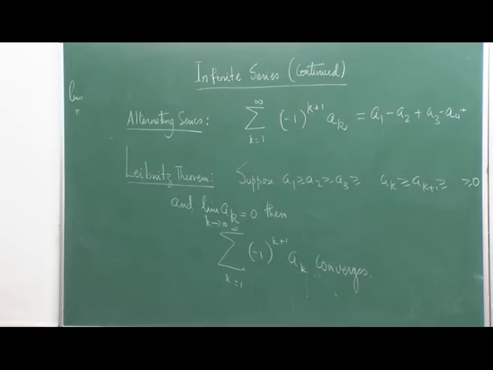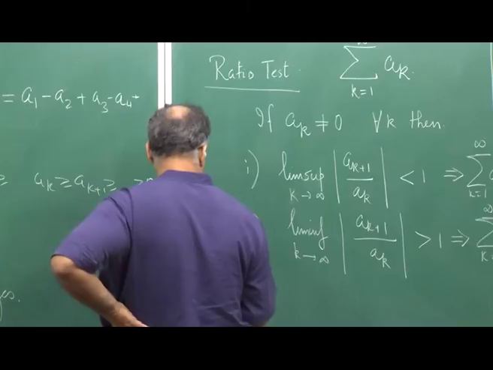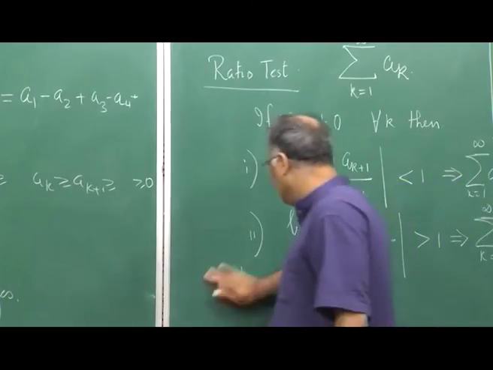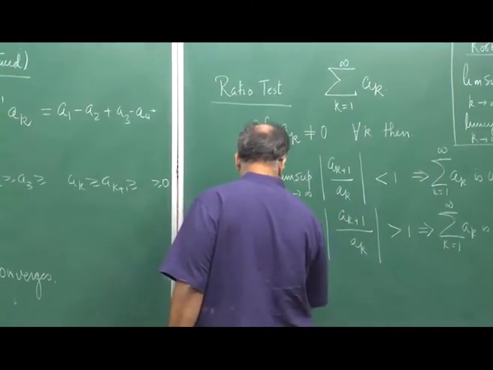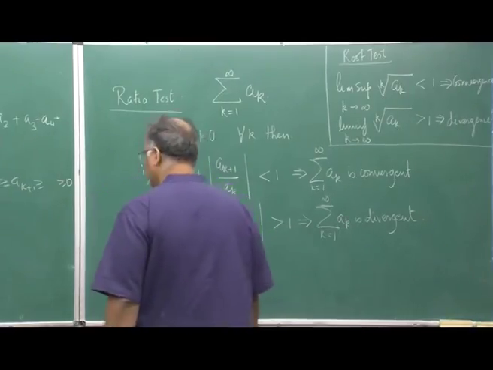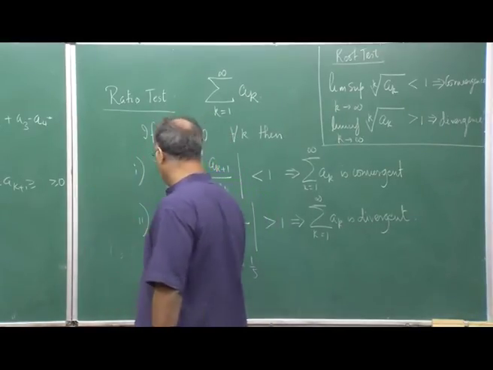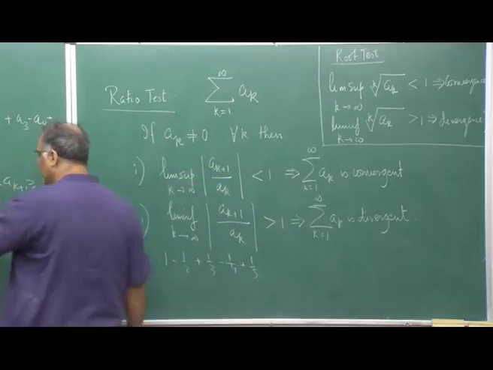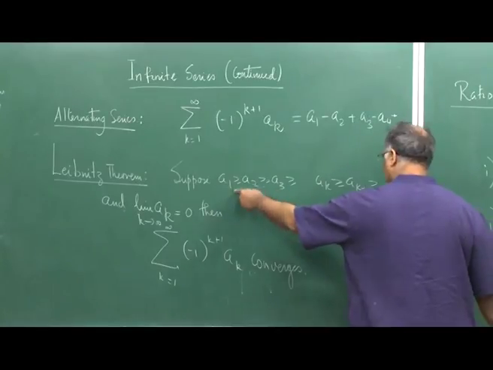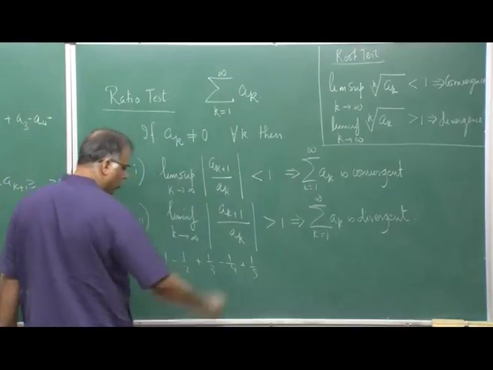Now, I will show you an example. Consider the numbers a1 is, say, 1, then a2 is half. So, consider this alternating series which is 1 minus half plus 1/3 minus 1/4 plus 1/5. It has all the conditions required for Leibniz theorem: a1 is 1, a2 is half, a3 is 1/3, so a1 is greater than a2 is greater than a3, and all of these are non-negative.